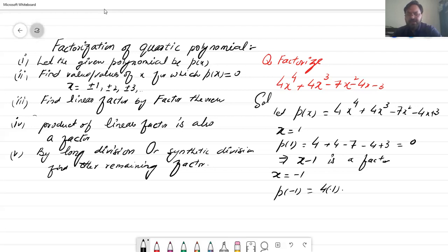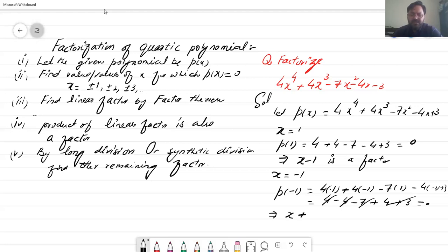It becomes plus 4 into minus 1, which becomes plus 1, minus 1, and plus 3. So 4 minus 4 minus 7 plus 4 plus 3. These terms will cancel out, and we get 0. So these are two linear factors, x plus 1 and x minus 1.